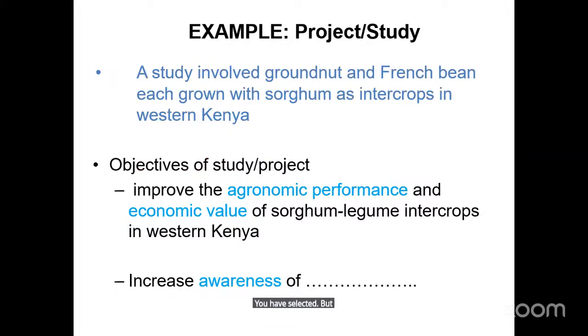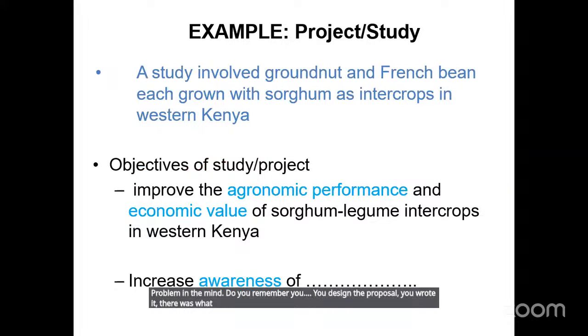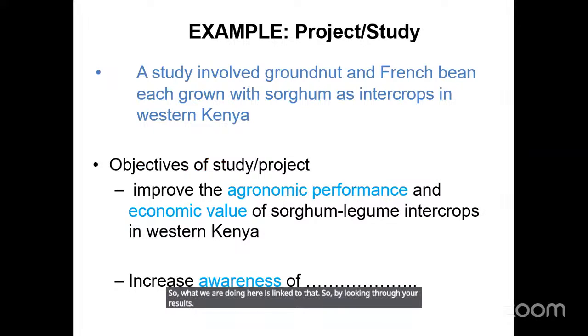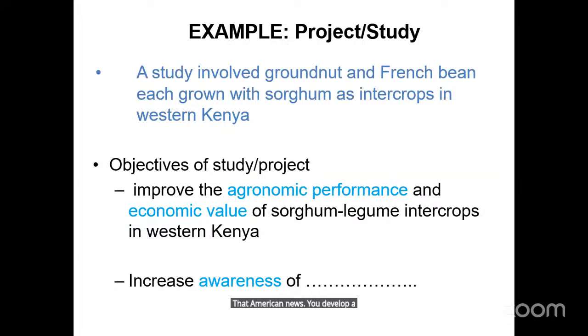But I want to change a bit and say that you can design an objective without looking at the other objectives, but having the research problem in mind. You remember you designed a proposal, you wrote, there was water. So what we are doing here is linked to that. So by looking through your results that make news, you develop a statement or statements, bullets, that can be turned around into a smart objective. Okay?